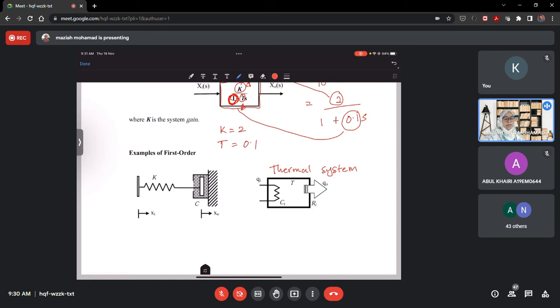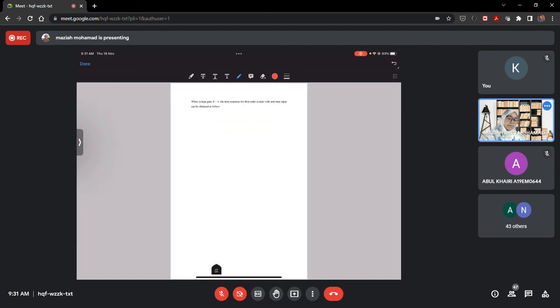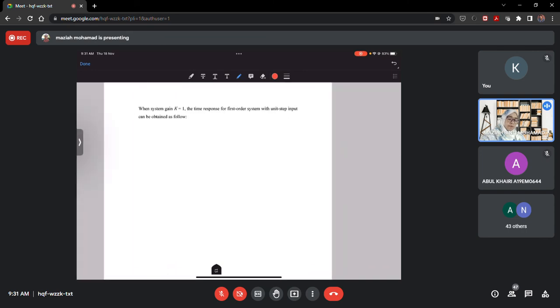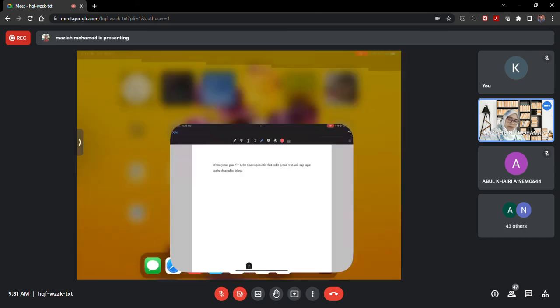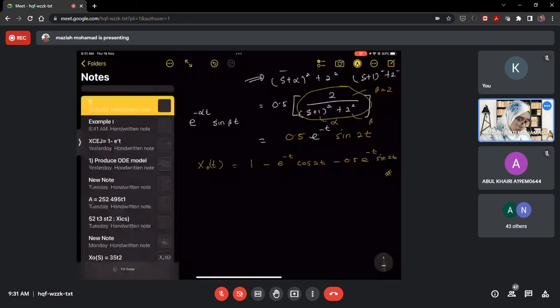First differentiation, so that is first order. Similar to the thermal system, it just consists of first differentiation, so it is a first order system. All right. Okay, so for this part here, we already derived it yesterday. If we refer to yesterday's, which one was yesterday's? This one.